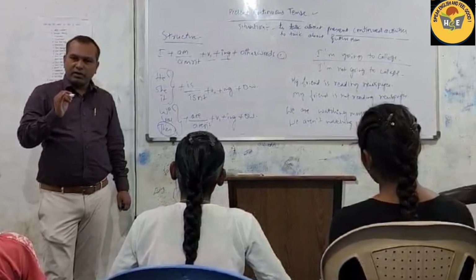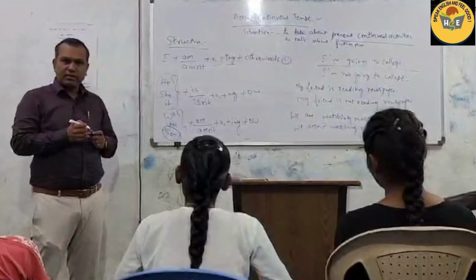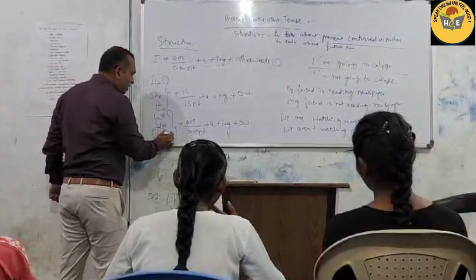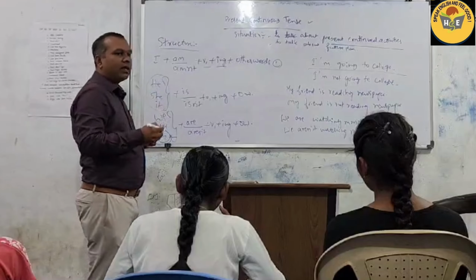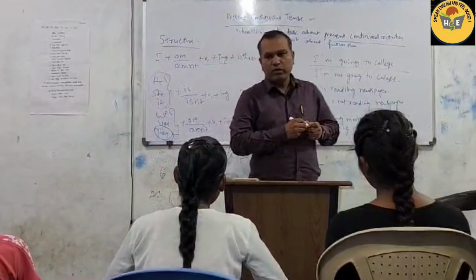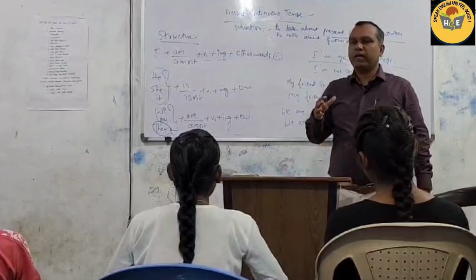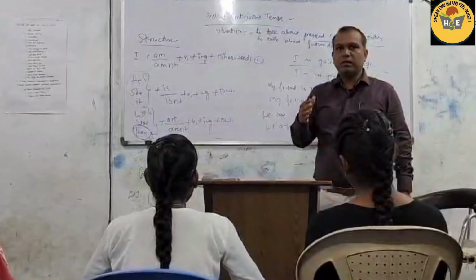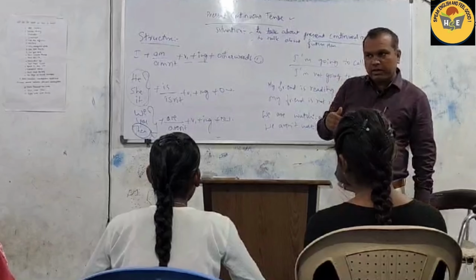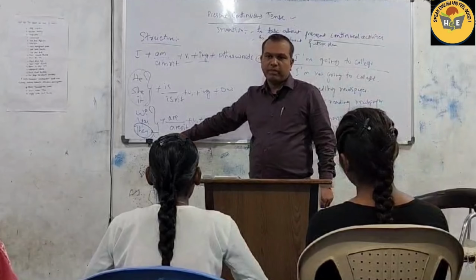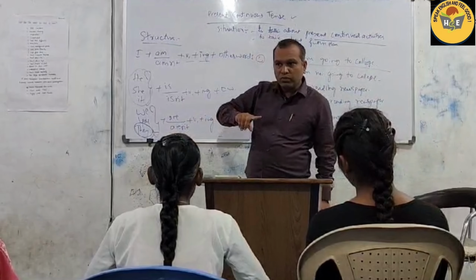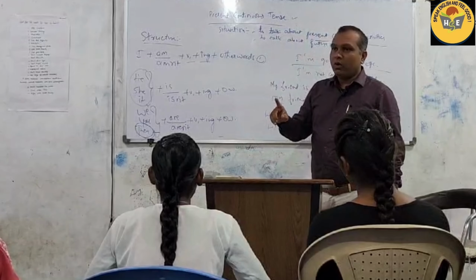First time we use children, people, friends, brothers, sisters directly. The second time you talk about the same people, you will use they. They are going to college. They are not going to.